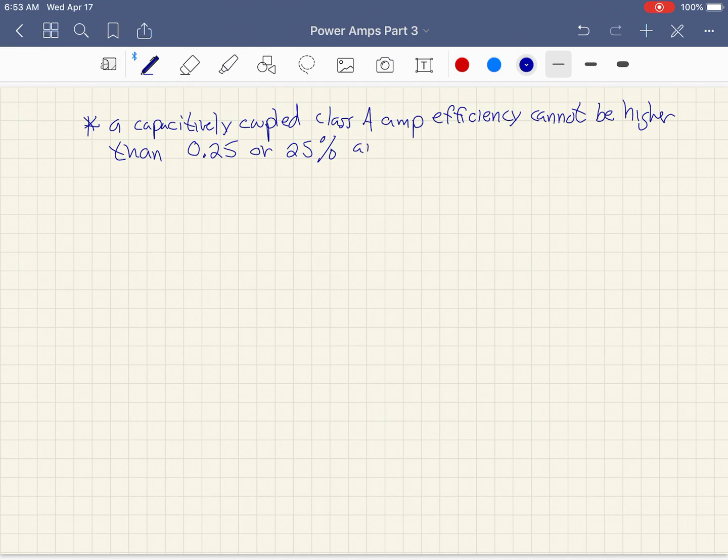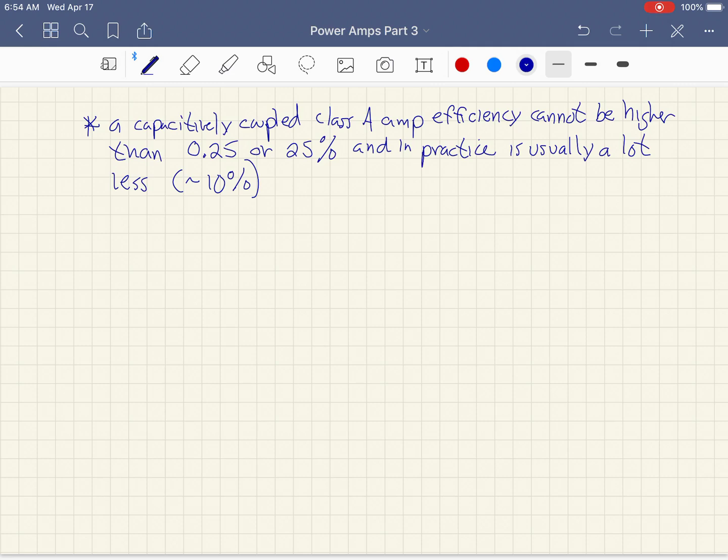And in practice, it's usually a lot less. Typically 10% or so is pretty common.